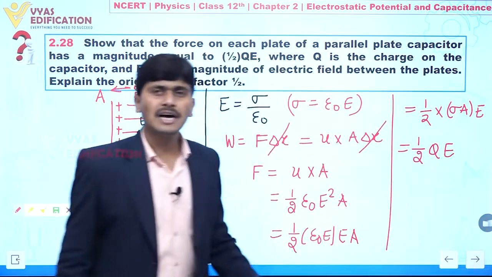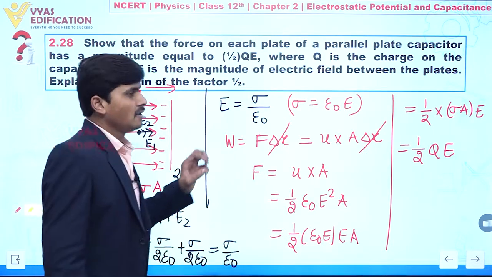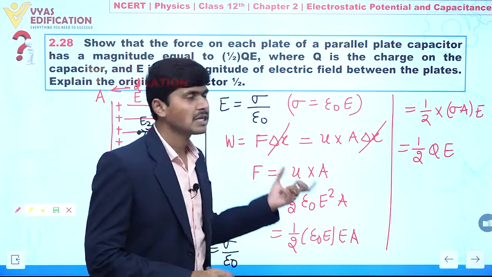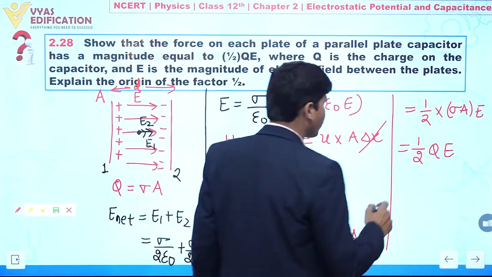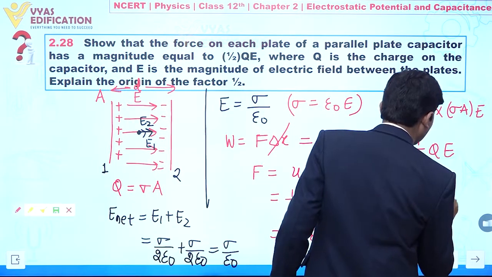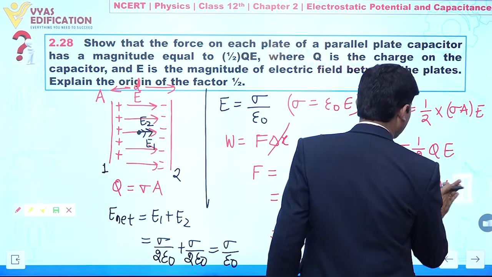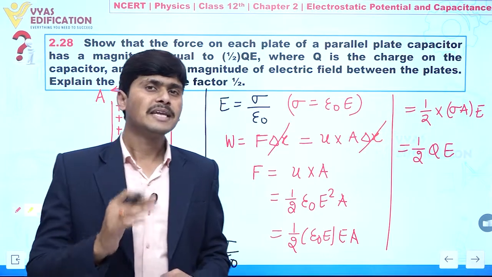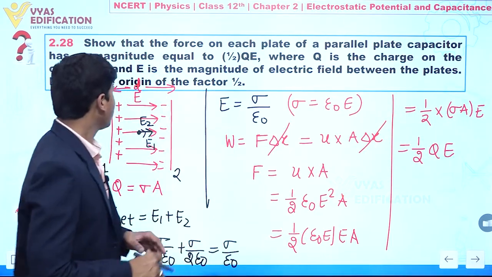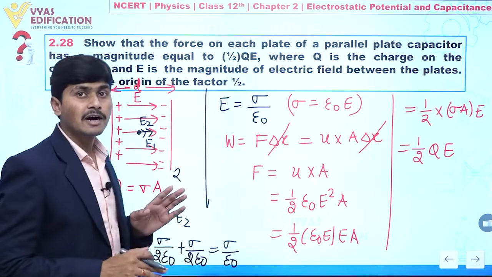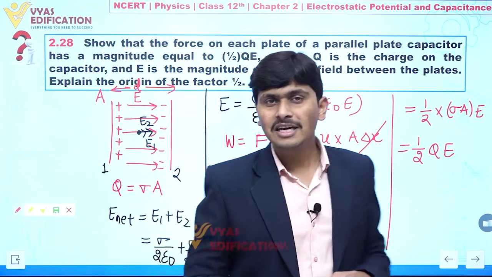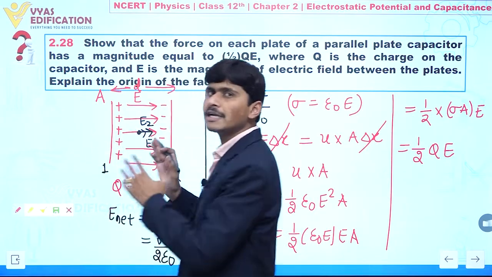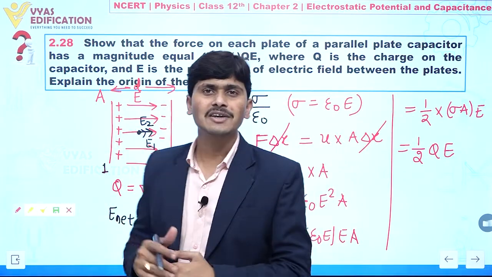So this is our proof, but we have to find what exactly is the meaning of this half factor, because we know that work done W should be equal to QV. The meaning of the half factor is this: between these two parallel plates we have a uniform electric field, but outside the parallel plate capacitor the value of the electric field is 0.